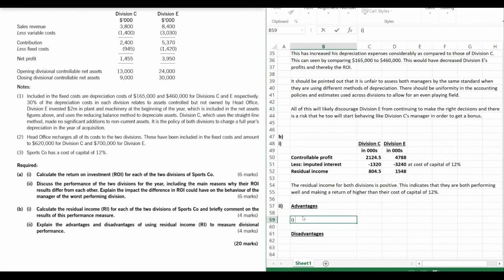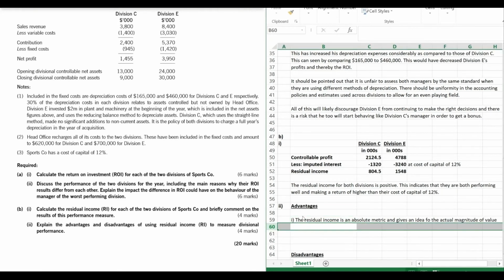Number 1, the residual income is an absolute metric and gives an idea of the actual magnitude of value, let's add some more rows, being added to the business.